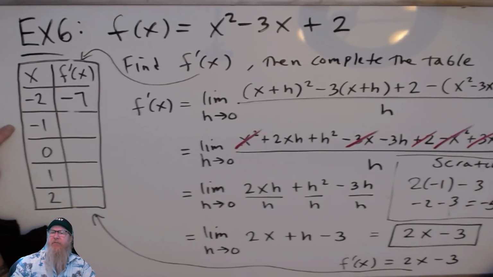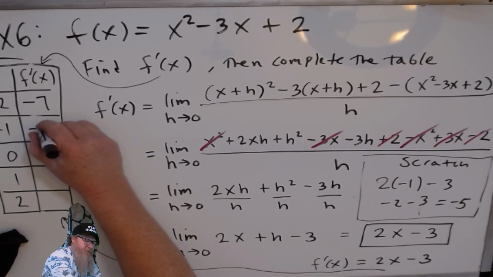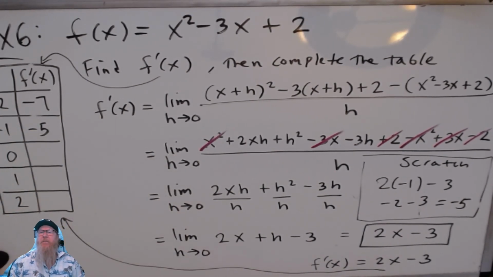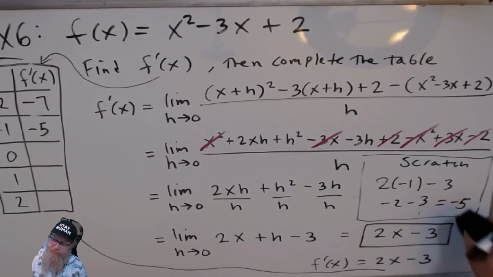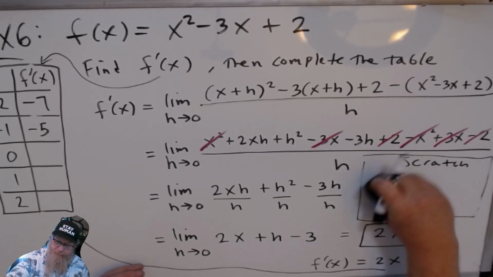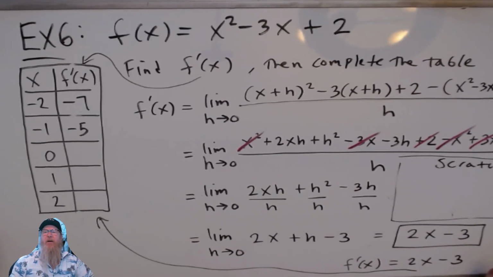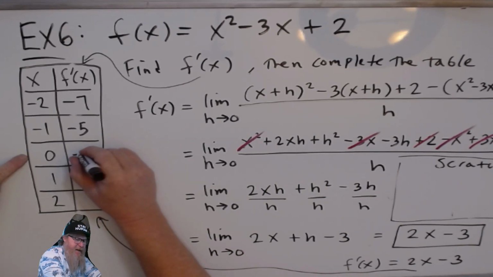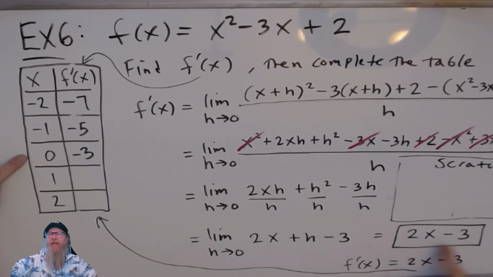That's negative 5. 0. Oh, I can see that. Negative 3. I don't even need to write that one down. Right? 2 times 0 and then minus 3 is just going to be minus 3.